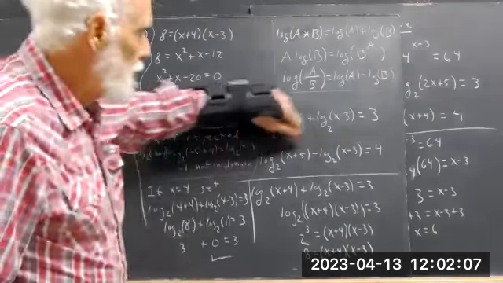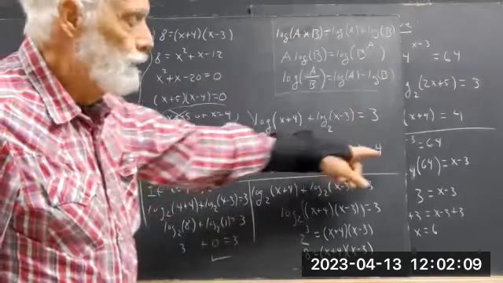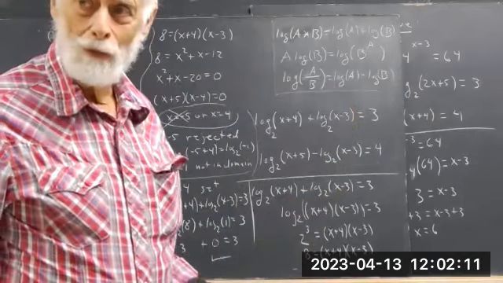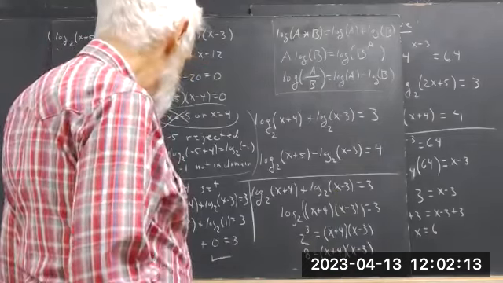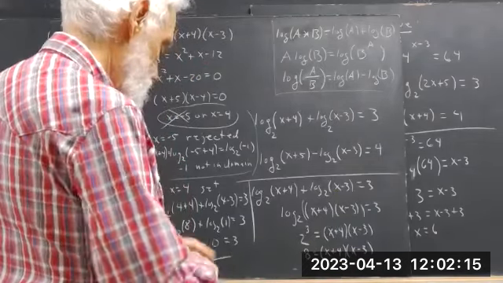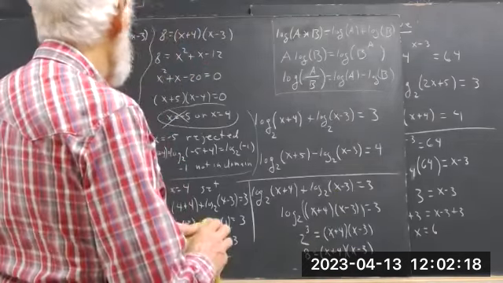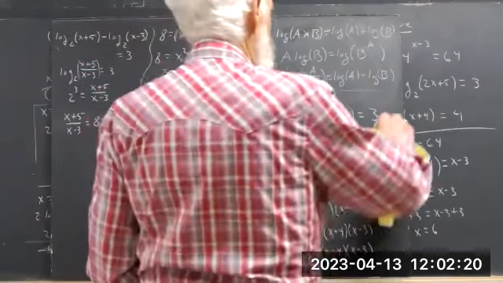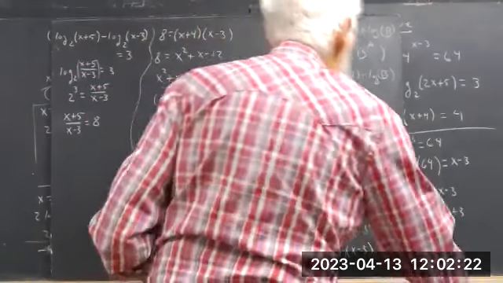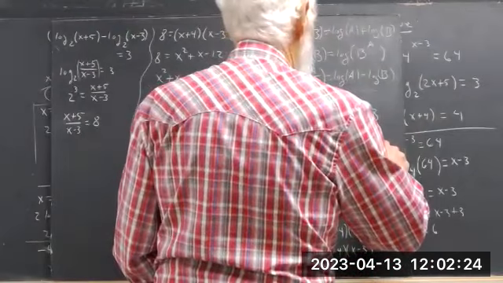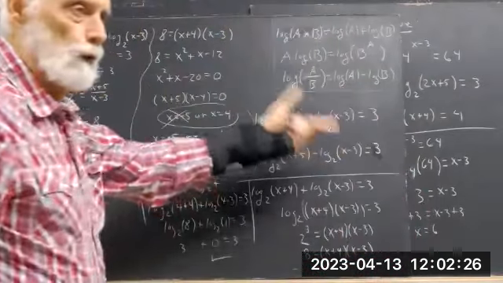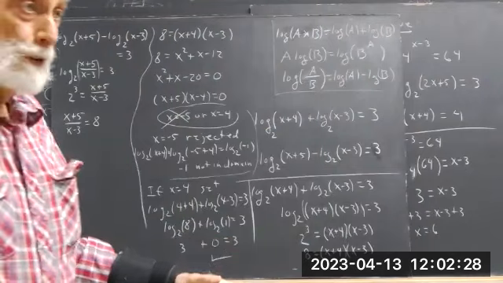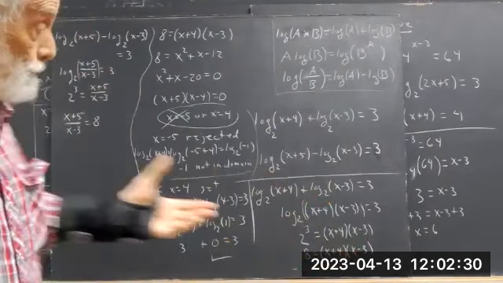For this problem, which had 4 here, everybody solved it with 4. But when I wrote it down, I accidentally wrote 3. So when you solve it with 4, I'm solving with 3. It's easy to solve if you know how to solve it.